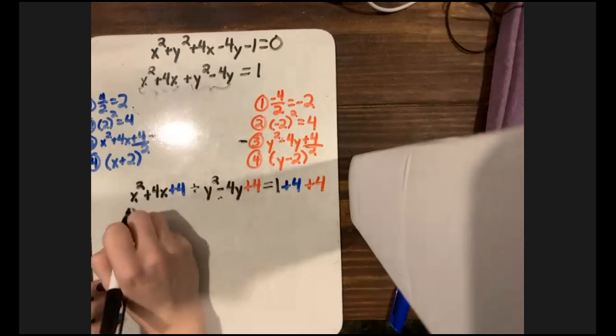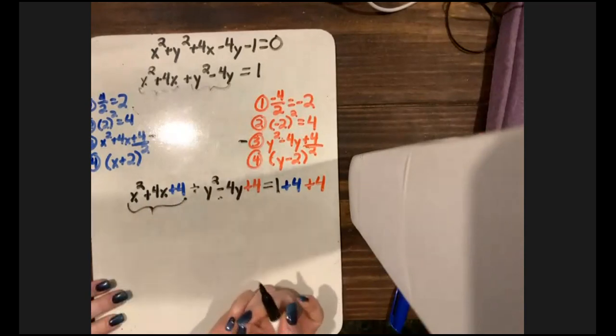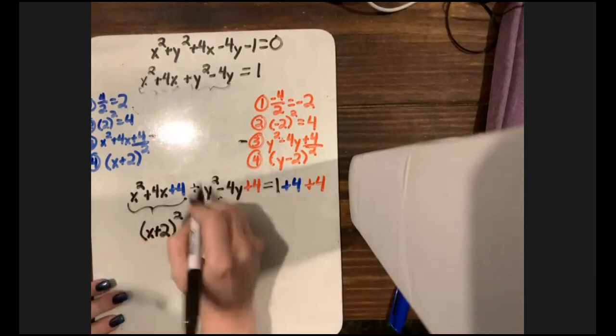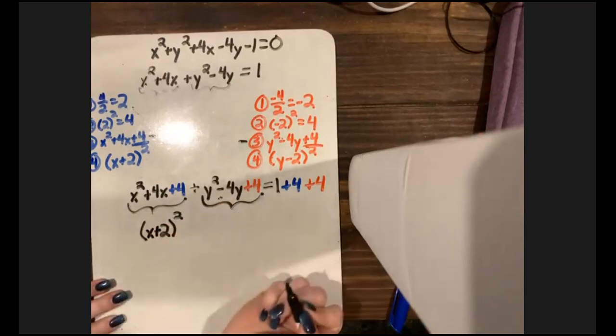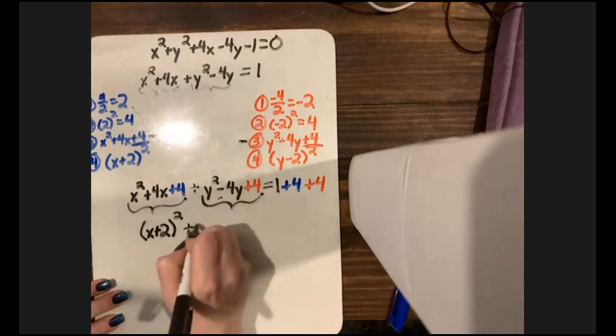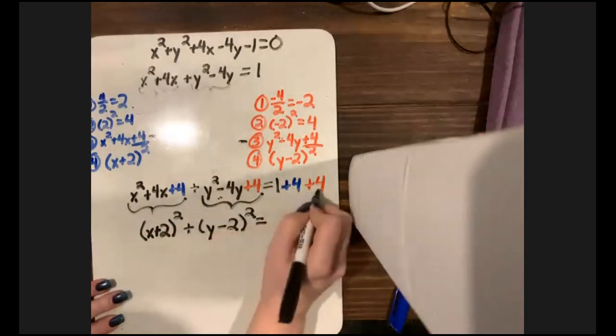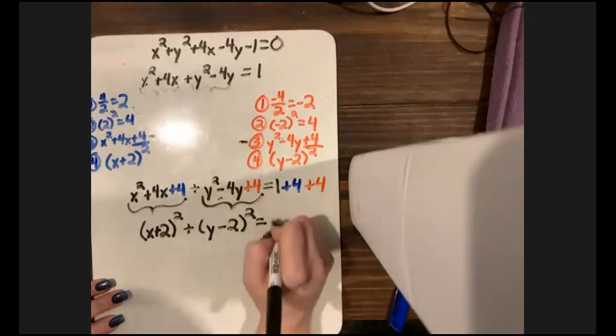Okay, so this now factors. This now factors. And I can clean this up. That's 5 and 4 makes 9.